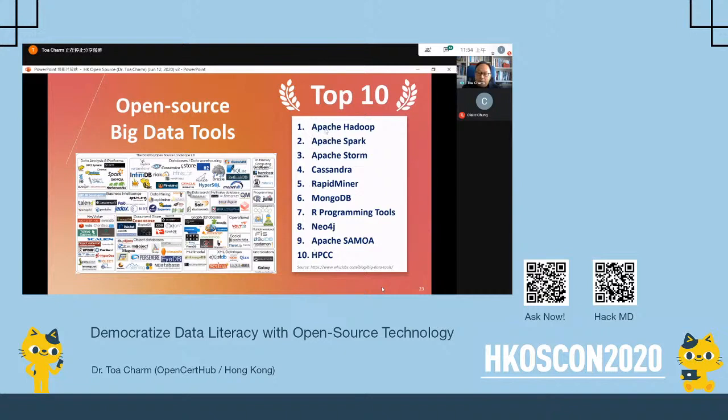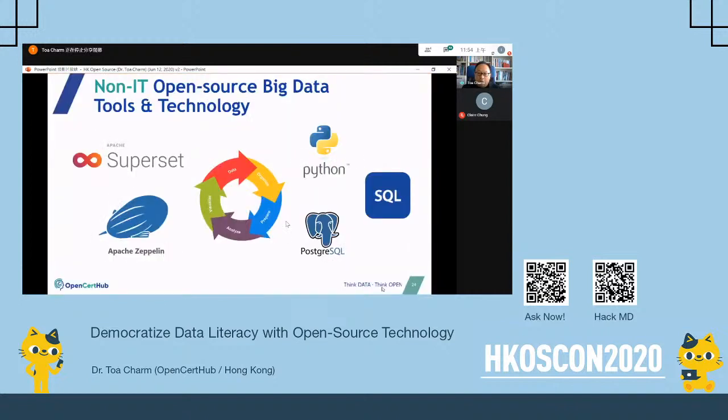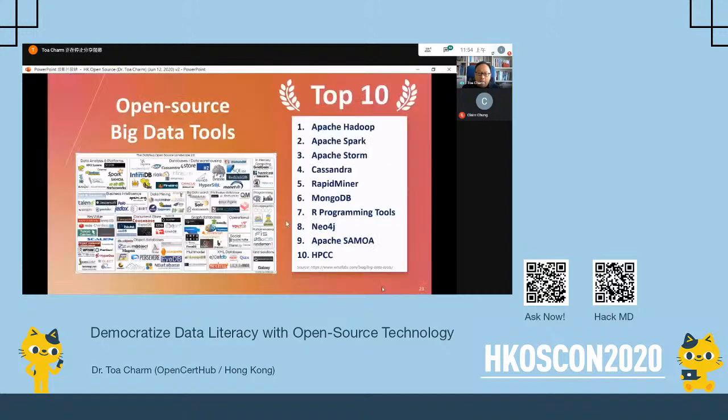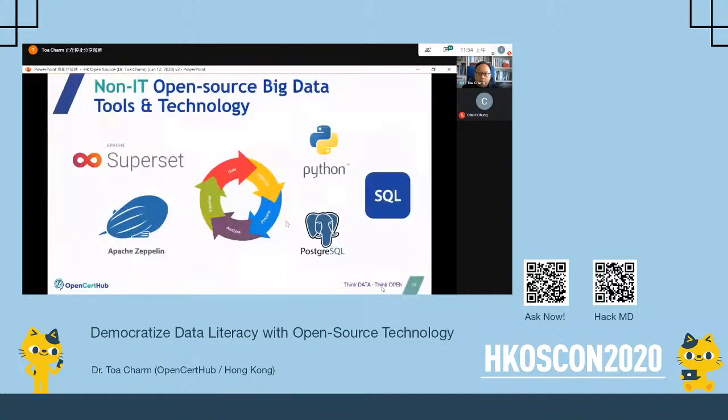This is the top 10 open source big data tools that everybody is using. Well, you think people are using the proprietary big data tools? Well, this is the old days, the old economy. In the new economy, everybody, IT and non-IT people, is making use of open source big data tools to access and analyze data for technical purposes and also for business purposes.